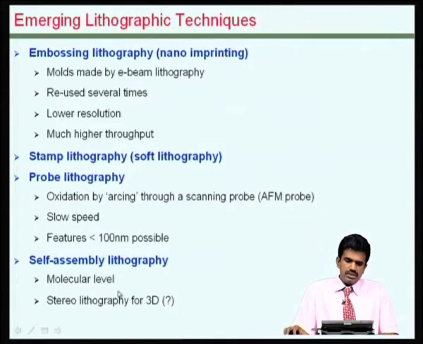So, this is essentially a molecular level process and it can be extended for 3-dimensional structures by techniques known as stereolithography. We will talk about some of these in more detail in another lecture, where we talk about polymeric materials and microsystems based on polymeric materials.